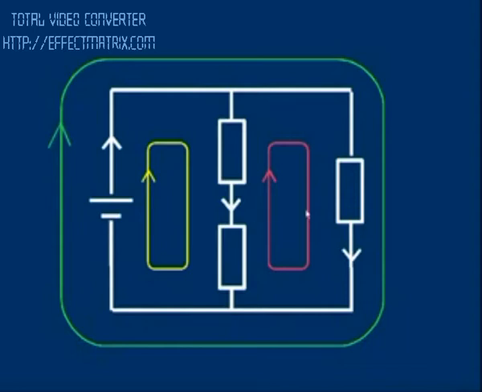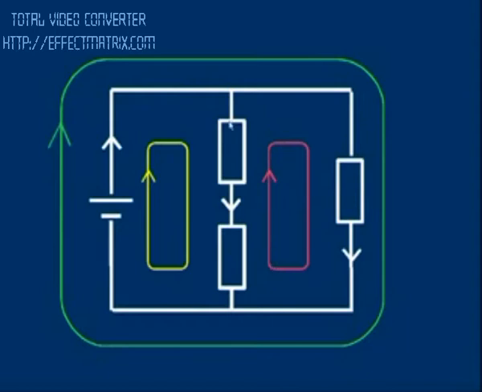There is a third loop shown in red. This is a bit awkward. First of all, in this loop there's no cell or battery, and the direction of the loop conflicts with the direction that the current is passing. If we take the conventional current as going positive to negative, the direction of the loop is conflicting with that.